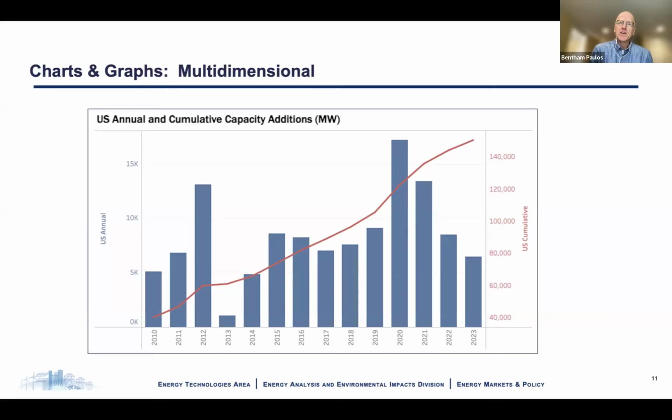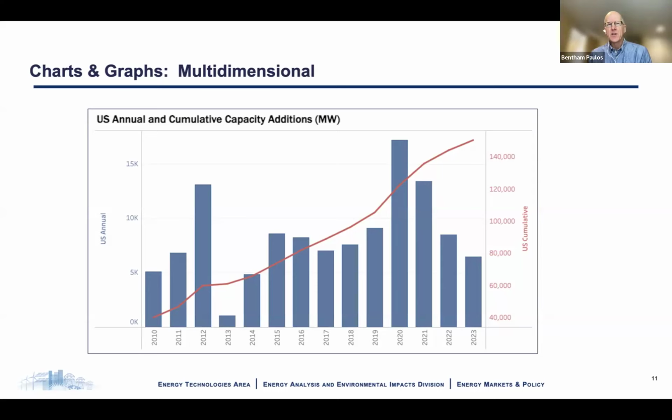Charts and graphs can be multidimensional. They can have more than one element overlaid, but they can also range from simple to more complicated. This is a fairly simple one showing, oh, I don't know, what is it? It doesn't matter. It's just one chart I pulled out.